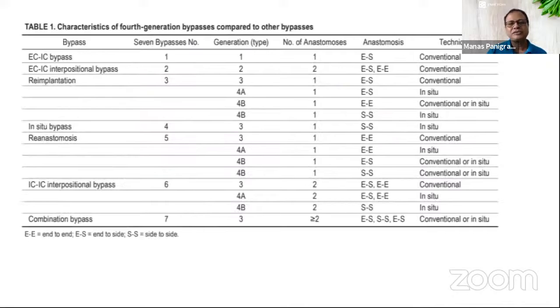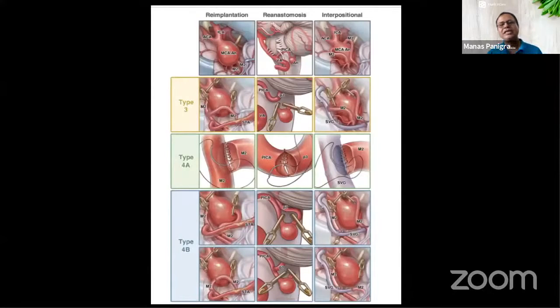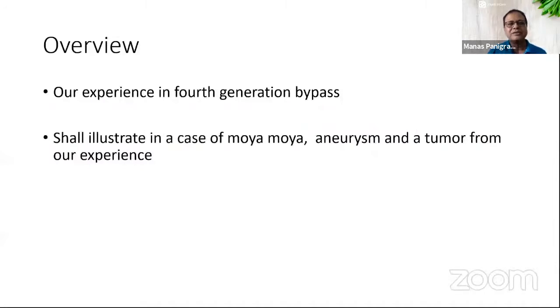It's important to understand all types of this fourth generation bypass, which Lawton described in a paper last year, to use whenever you have complications during surgery. Though it is used only in aneurysm, it can also be used whenever we have problems with tumor surgery. So I'll present a short series of our experience, and I will illustrate with cases: one case of moyamoya, one aneurysm, and one tumor.